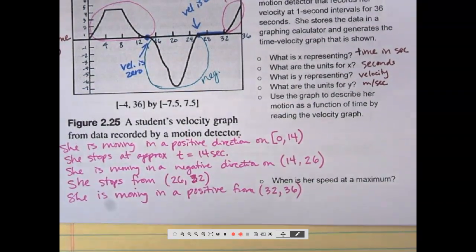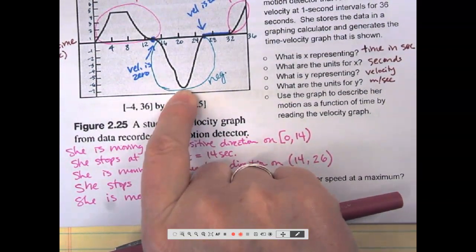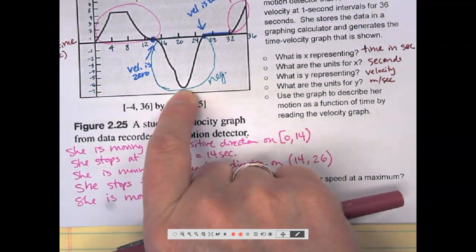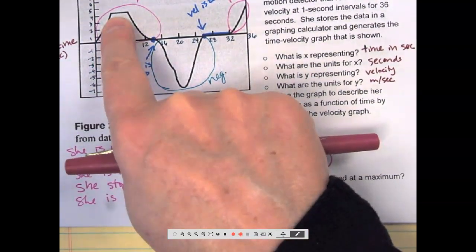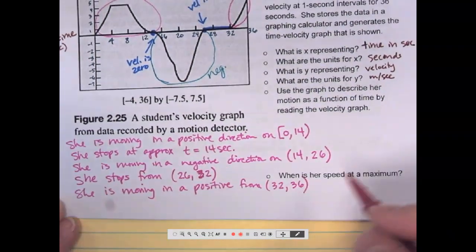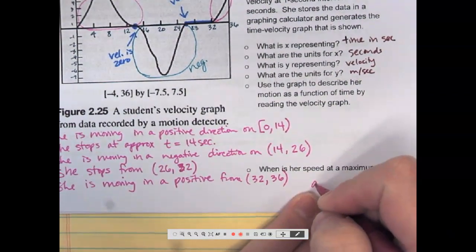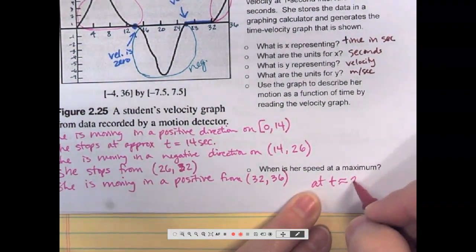Why 20? Because look at her velocity there. It's like -7 meters per second, but what's the speed? 7. Up here, it never gets above 4-ish. So her speed is greatest at t approximately equal to 20 seconds.